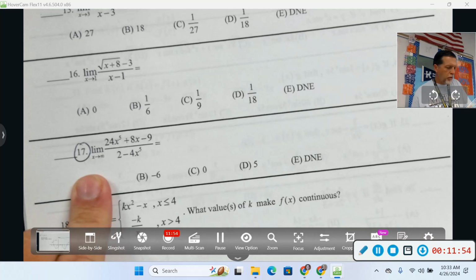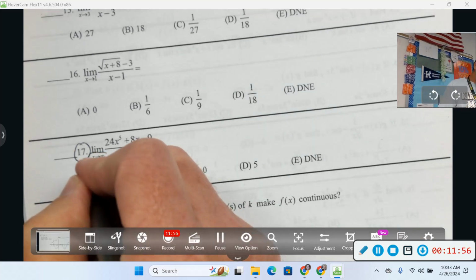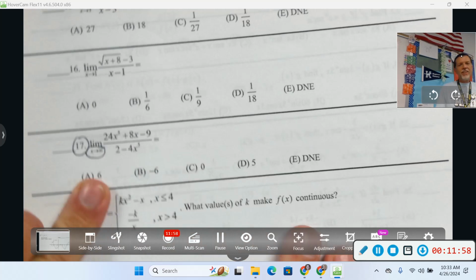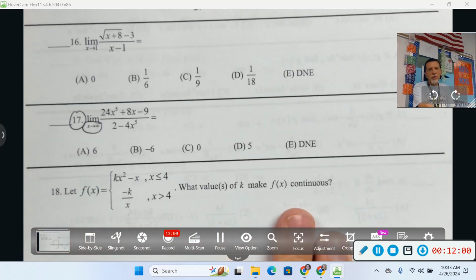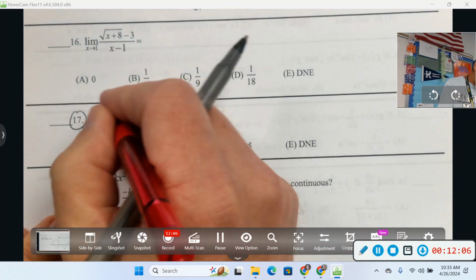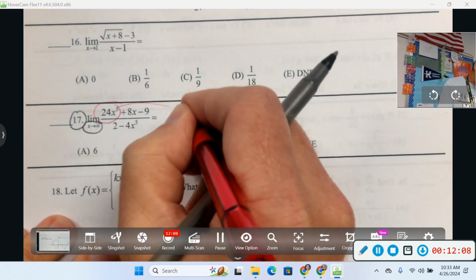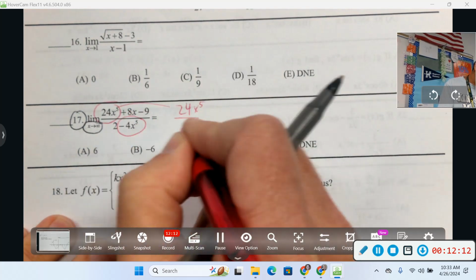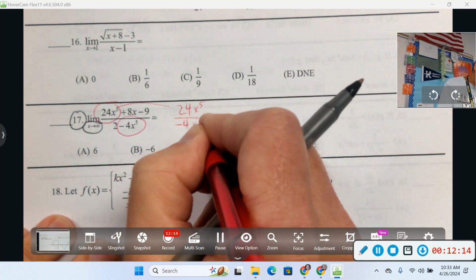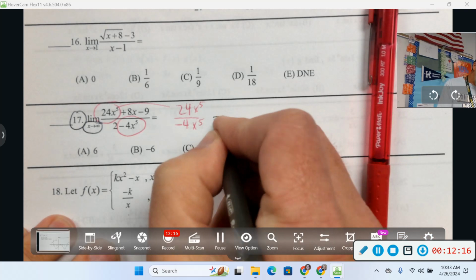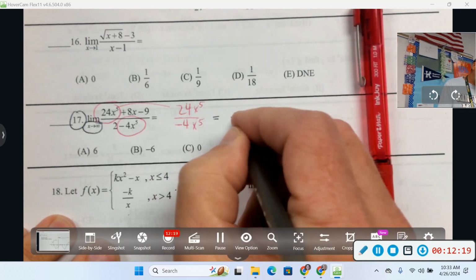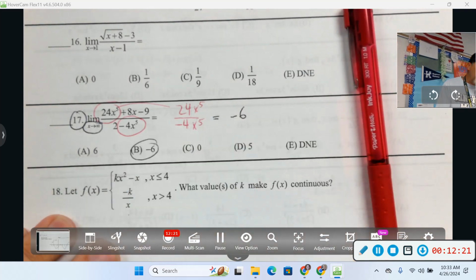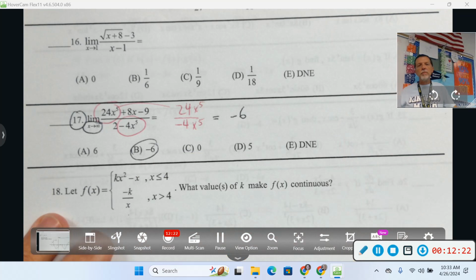Limit as x goes to infinity. Okay, if x goes to infinity, that's the shortcut rule. Top no, bottom O equal co. But if you don't like the shortcut rule, then it's not that long. Pick off the biggest term from the top and the biggest term from the bottom, and x to the fifth cancel, and that was the equal co problem, so negative 6.